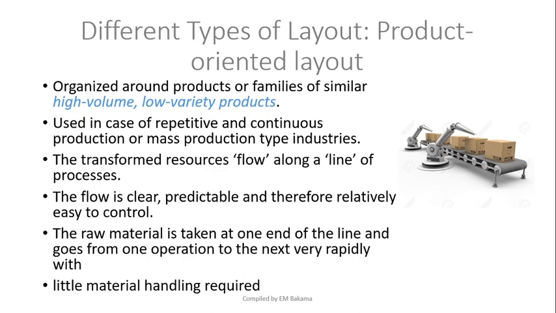This layout is used in repetitive and continuous production, or mass production type industry. The transformed resources flow along a line of a process. The flow is clear, predictable, and therefore relatively easy to control. The raw material is taken at one end of the line and goes from one operation to the next very rapidly with little material handling required.